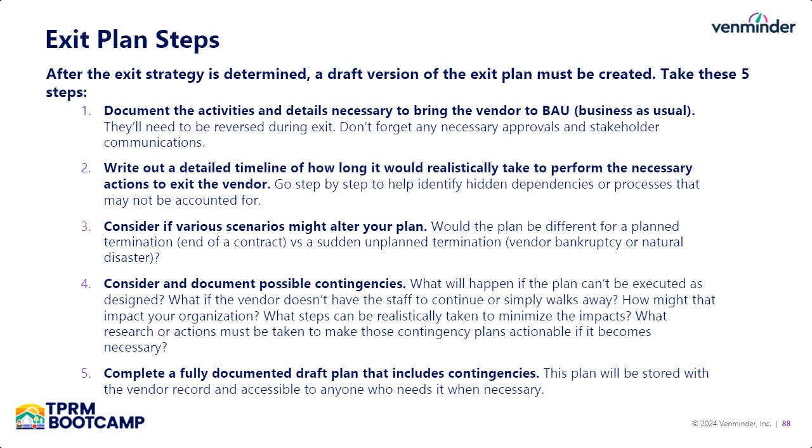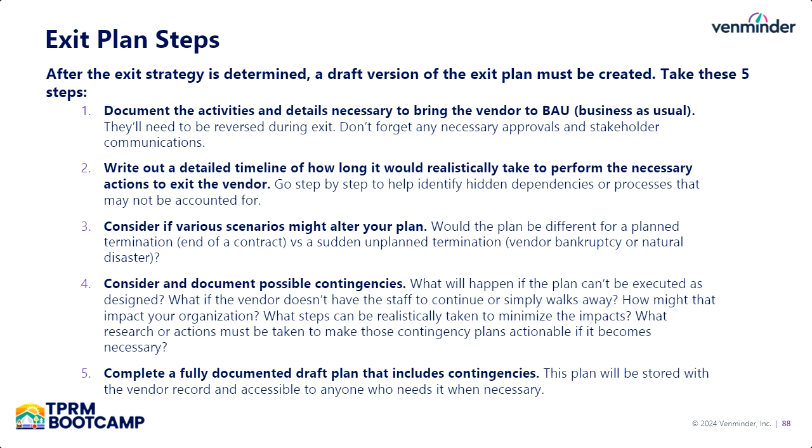All right, let's talk about this exit plan a little bit more. So after we've determined our exit strategy, we're going to create a draft version of the exit plan. We're going to do 5 steps to get there. First of all, we're going to document all those activities and details that we use to bring that vendor to business as usual, right? And don't forget any approvals or stakeholder communications that we use.